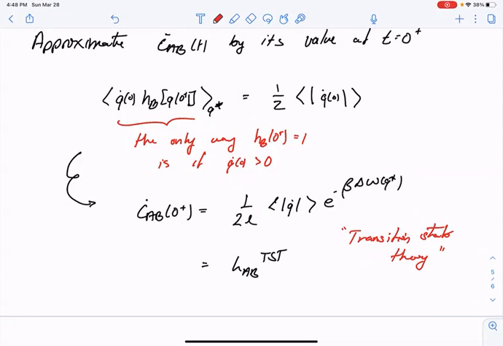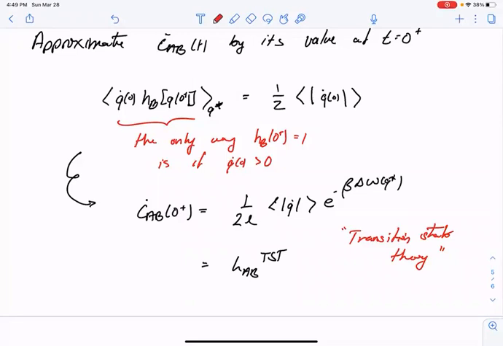So this approximation, if I wrote e to the minus beta delta E in the argument of that exponential and said that the rate was proportional to an exponential of a change in an energy, that would be called the Arrhenius form. Arrhenius stumbled upon that by mapping out a bunch of different gas phase experiments.